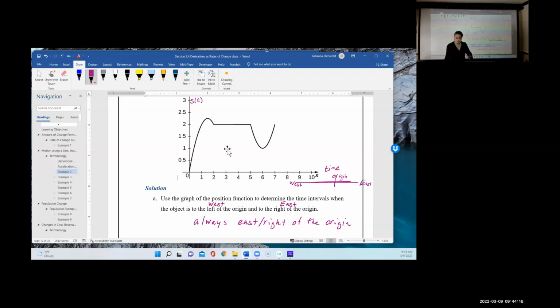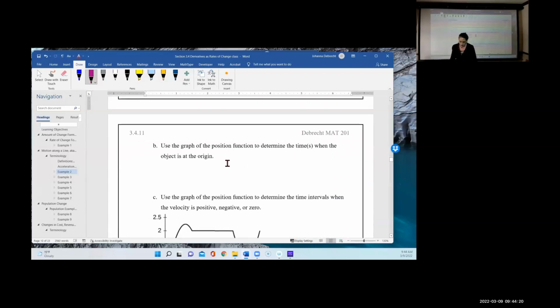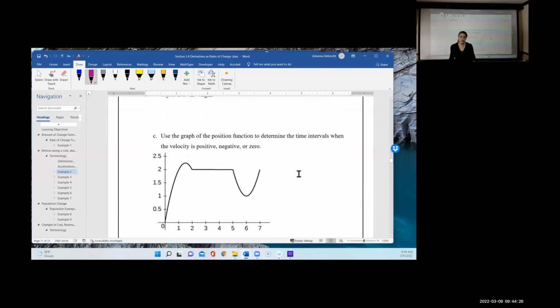That's position. Above the axis to the right, below the axis to the left. Now we want to look at probably the slope of the tangent line for our second question. Use the graph to determine the time when the object is at the origin. At the origin means it has to be on the t-axis. And there's really only one time that it's on the t-axis, and that's right here when time equals 0.